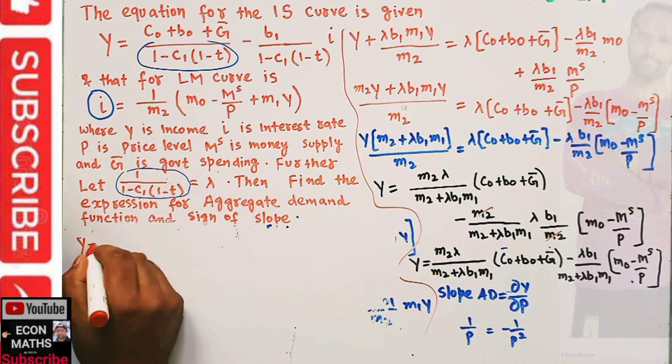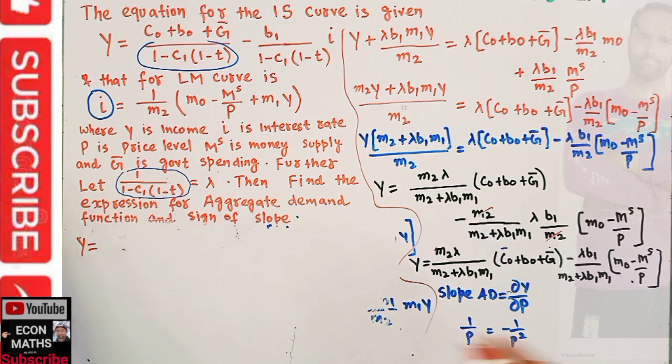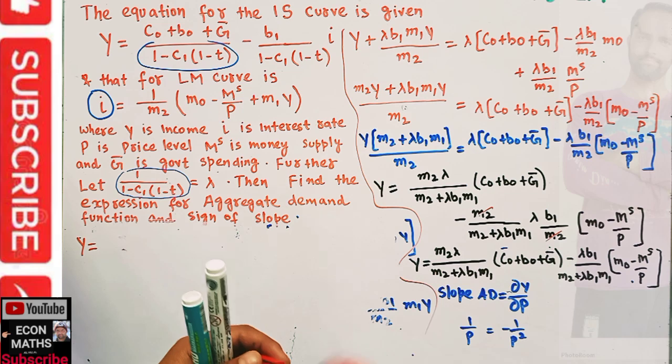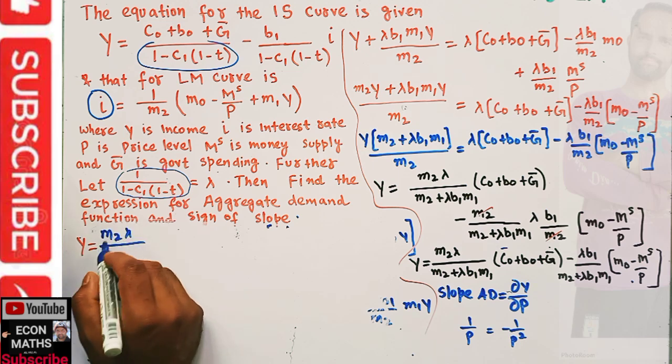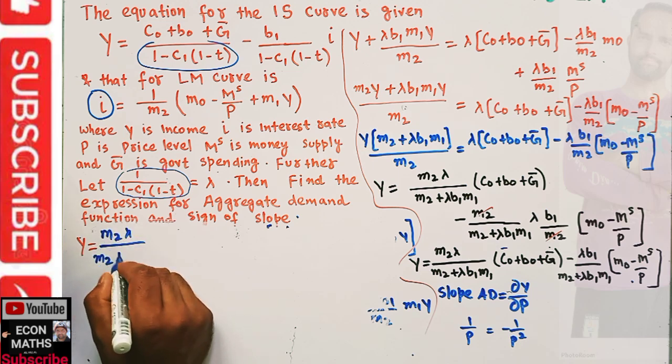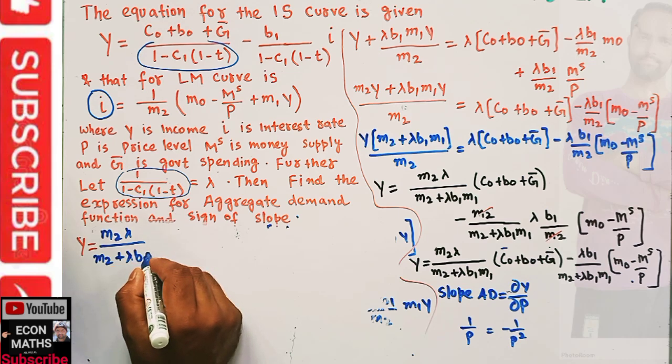So we have y is equal to m2 lambda upon m2 plus lambda b1 m1.